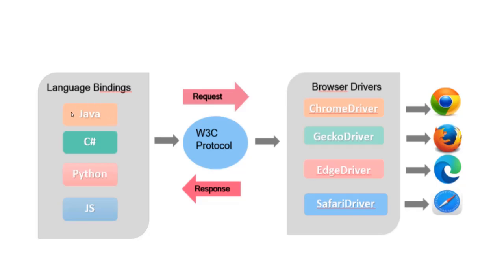After you have written the code, with the help of the W3C protocol, Selenium has these browser drivers. First it will communicate with the browser drivers, and the browser driver in turn will communicate with the real browsers. These ChromeDriver, GeckoDriver are the drivers that basically help us communicate with the real browsers.